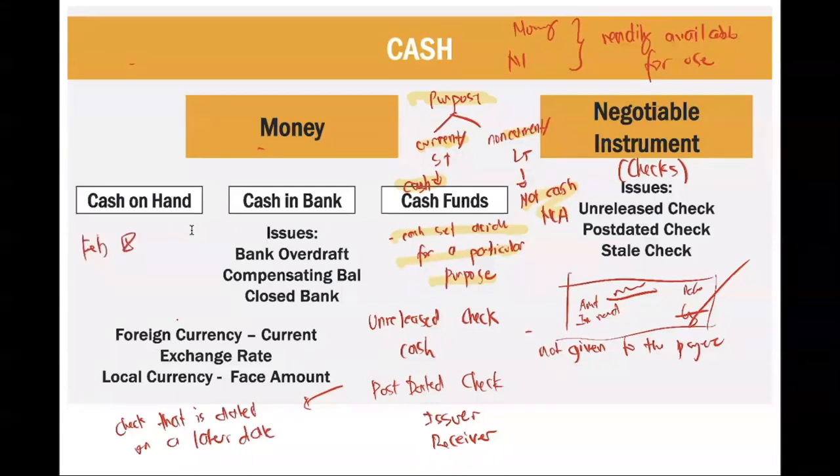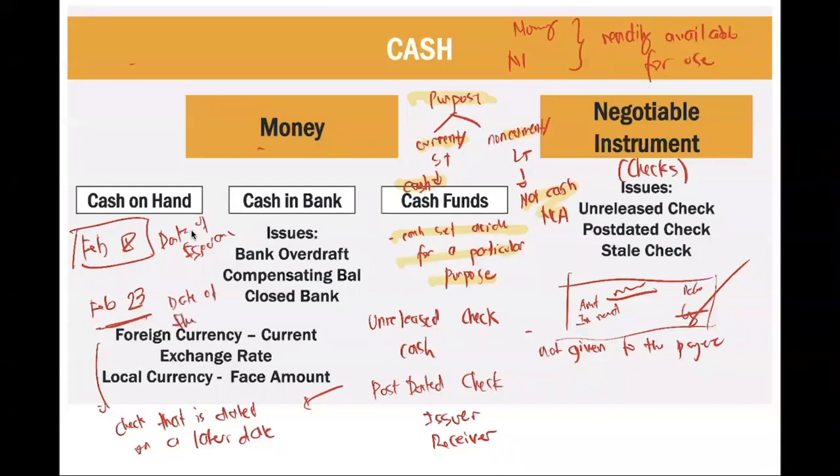Let's say I dated it February 23. That is a post-dated check. I issued a check today, February 18, but the date of the check is February 23. We call that a post-dated check: a check that is dated later than the date of its issuance. February 18 is the date of issuance, and February 23 is the date of the check.